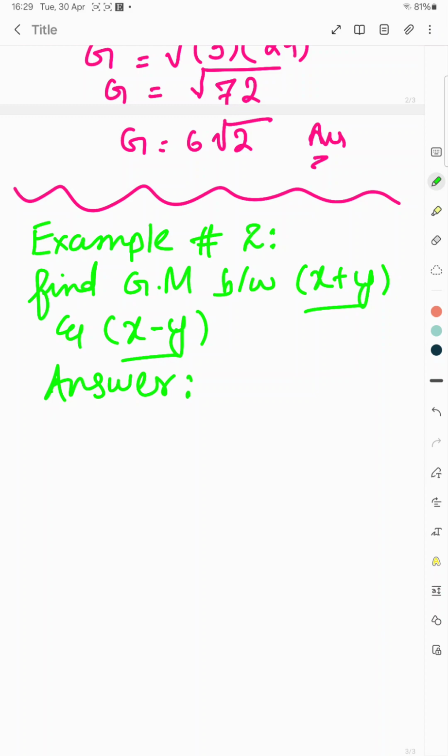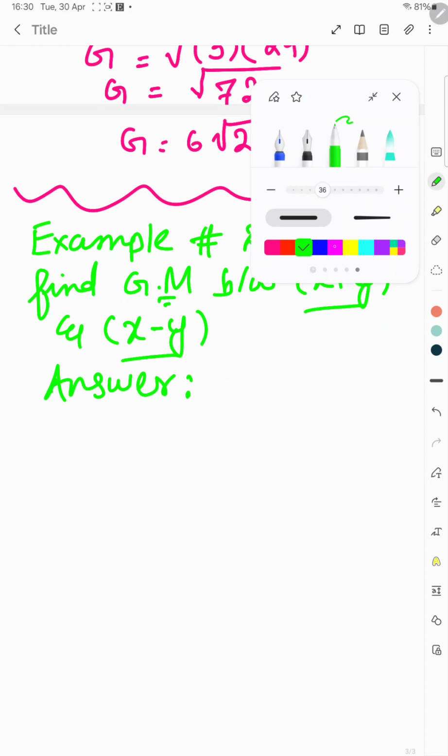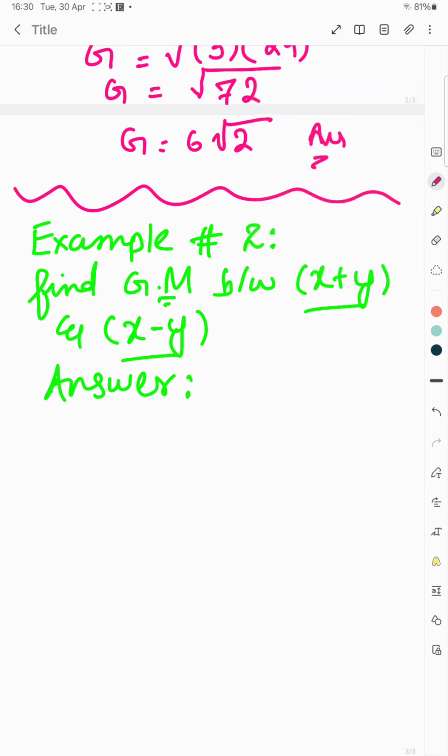So students, it's not necessary that we always find the geometric mean between numbers only. Sometimes values will also be given and they will not be numbers but just variables, and we have to find the geometric mean between these two values, and the process will be the same. So you don't have to get confused, just use the same process as we discussed before.